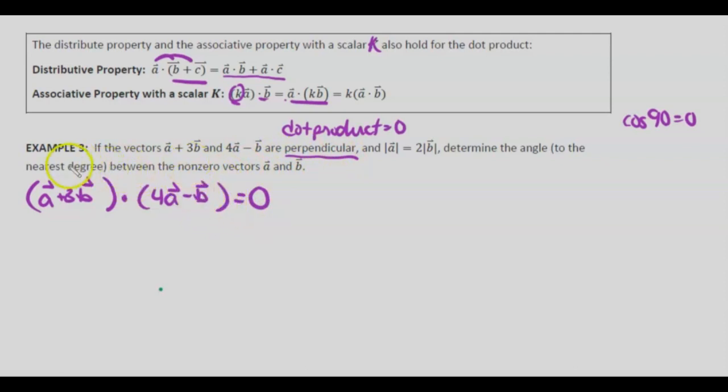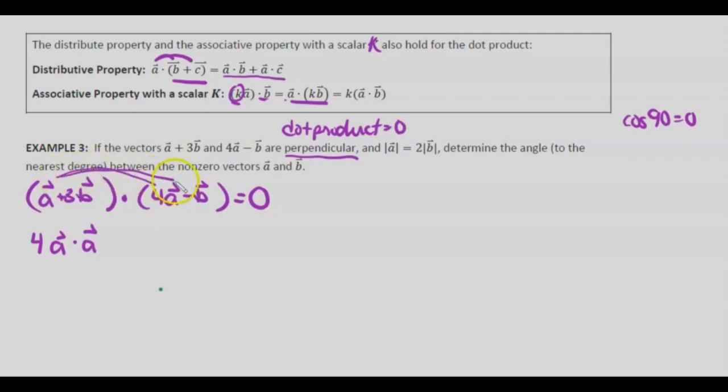So let's go ahead and distribute. Vector A dot 4 vector A is 4 times vector A dot vector A. I'm going to write the 4 in front like a coefficient.